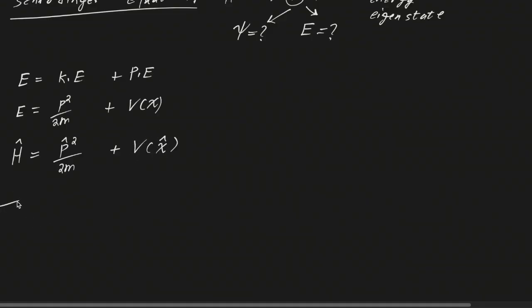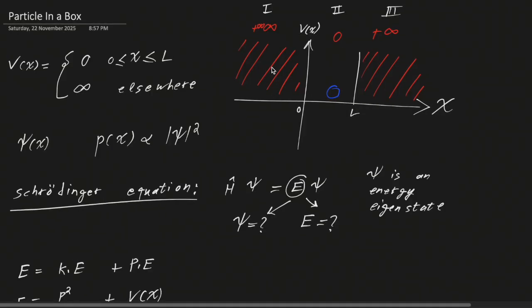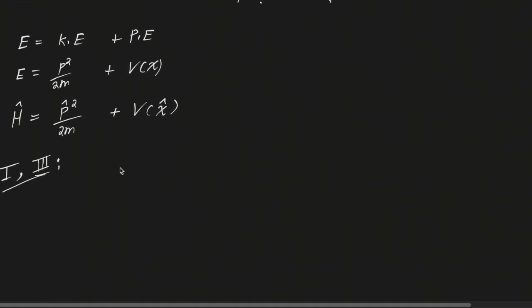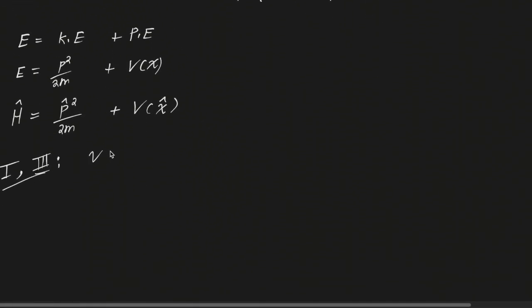And we can solve the Schrödinger equation to begin with in regions 1 and 3. So in regions 1 and 3, because they're similar, the potential is infinite, right? So the potential is equal to infinity.